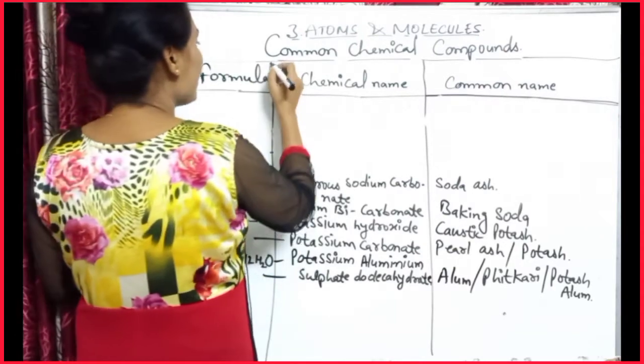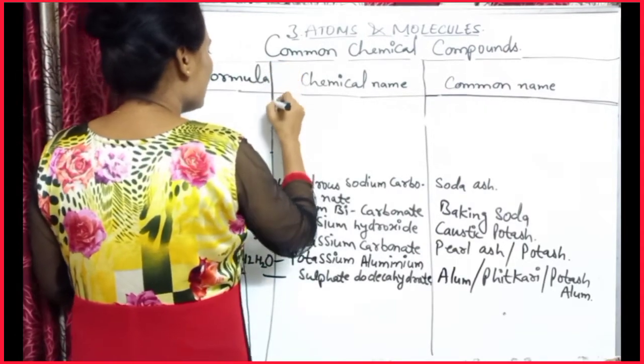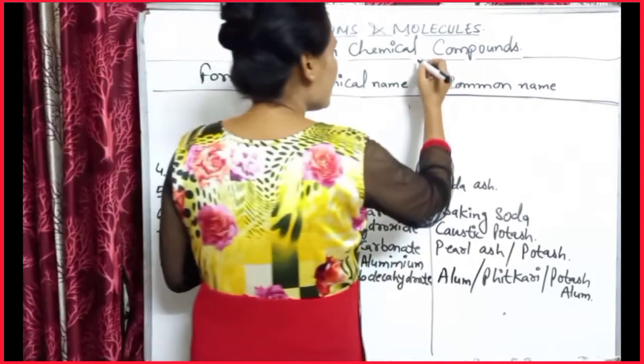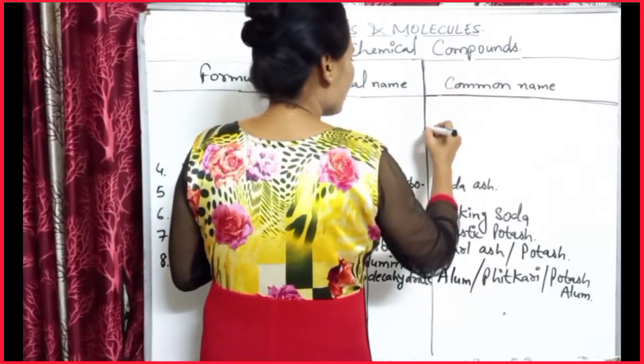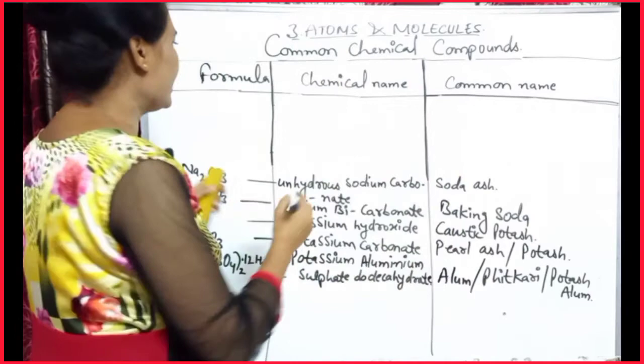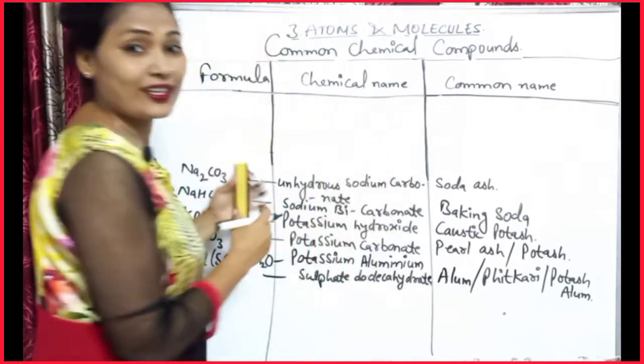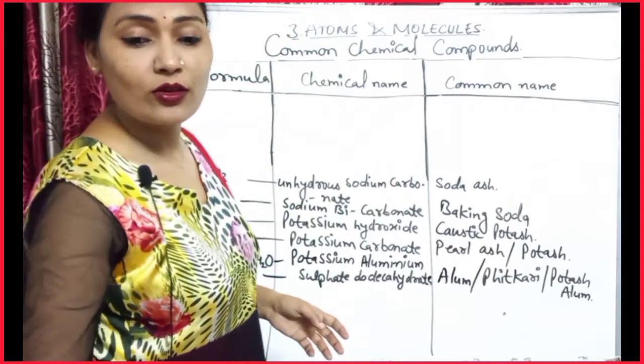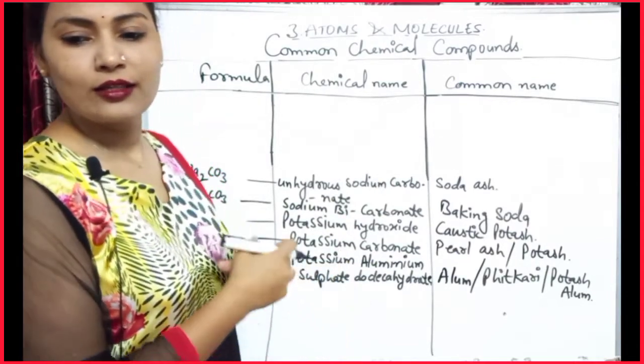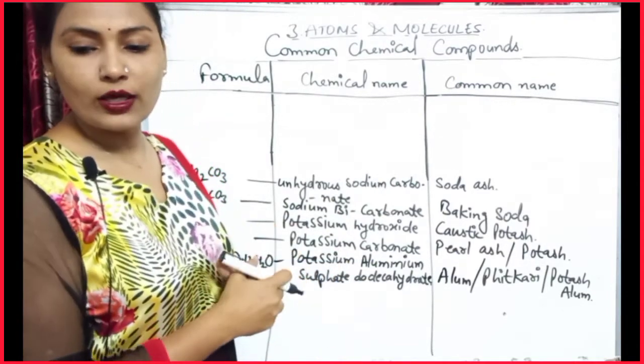So the first option is quicklime. Do you know what is quicklime? Quicklime is calcium oxide.